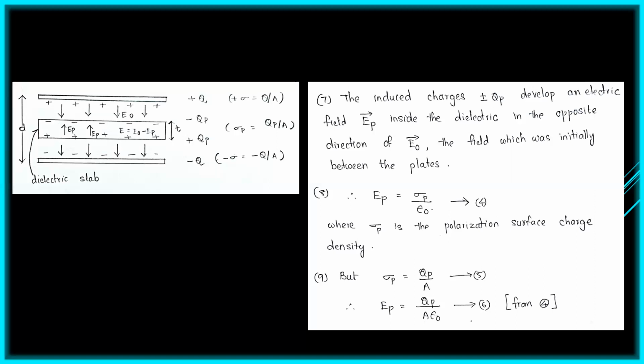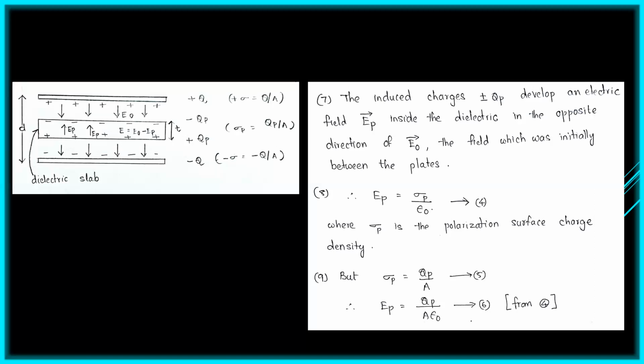But we know sigma p is equal to QP by A, since we all know that surface charge density is equal to total charge divided by area. Let it be equation number 5.